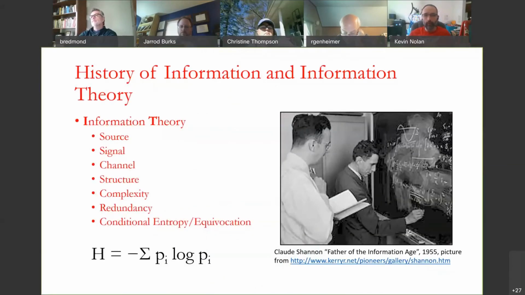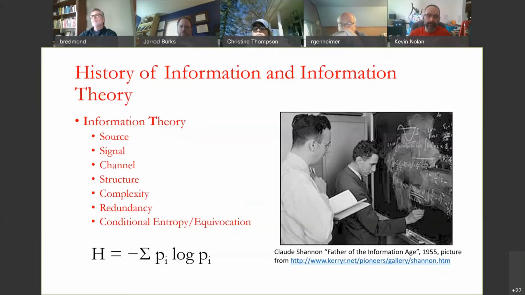So what is information theory? Information theory comes out of World War II and the efforts to develop cryptographic systems and keep things secret, but then also to try to get things that are supposed to be secret or hidden or partially understood and fully understand them.